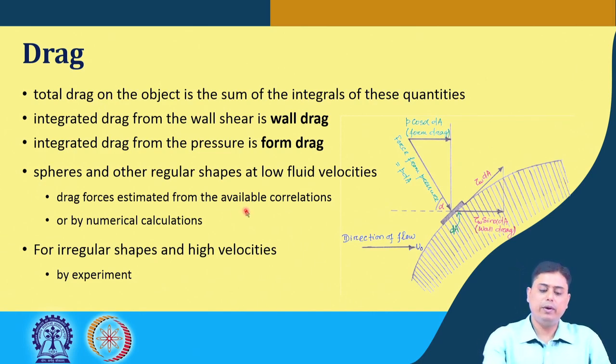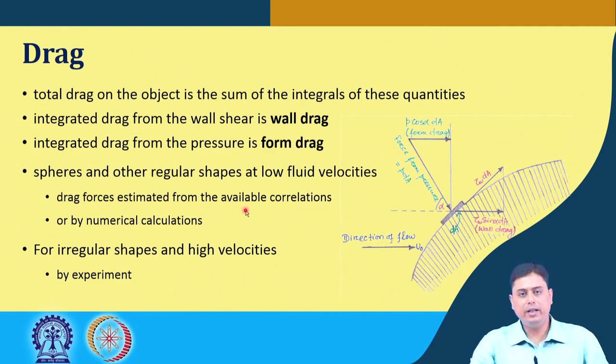Typically when there is a well defined shape like a sphere, cuboid, or cylinder, we can estimate from the available correlations, the charts that are given, or by numerical calculations. But for irregular shapes, it is typically done by experiments, though numerical calculations can also be applied.